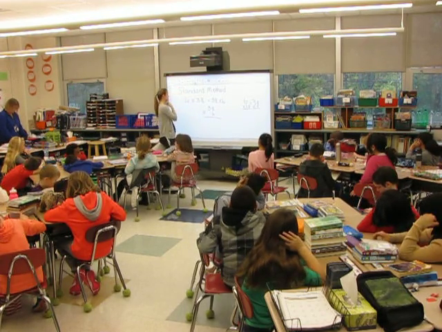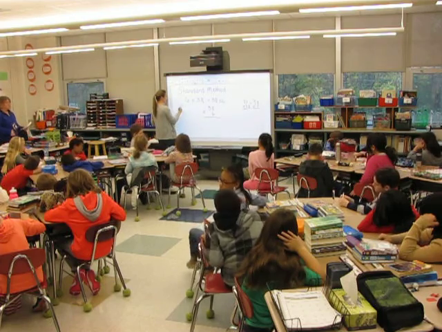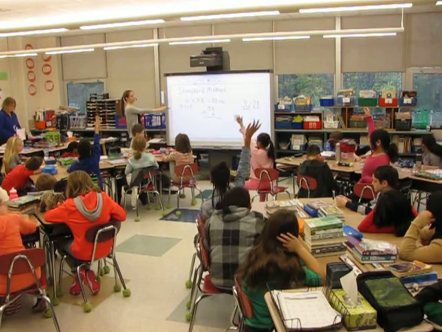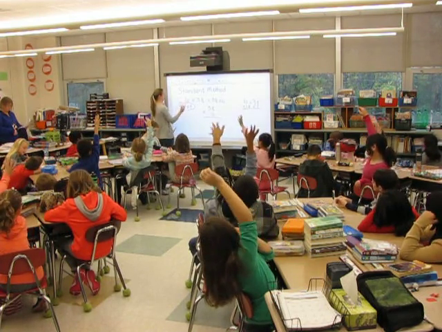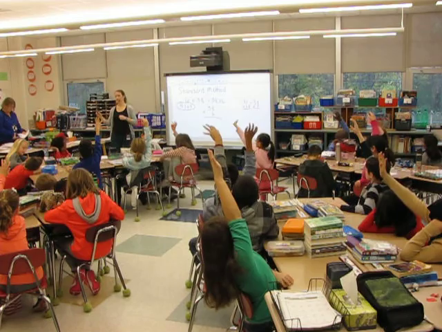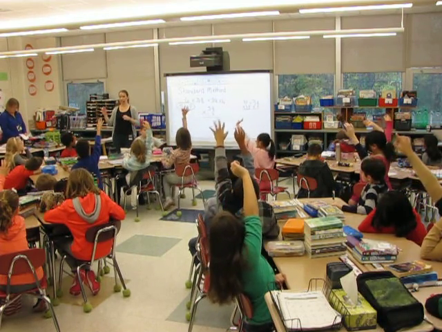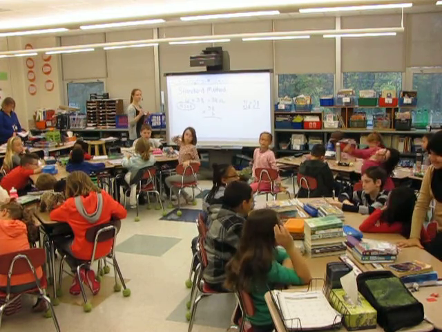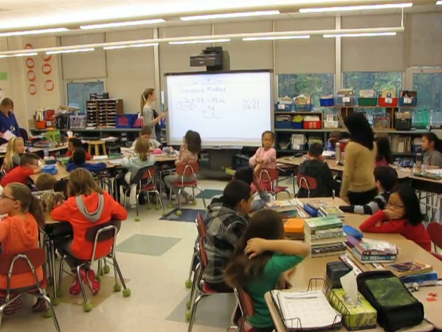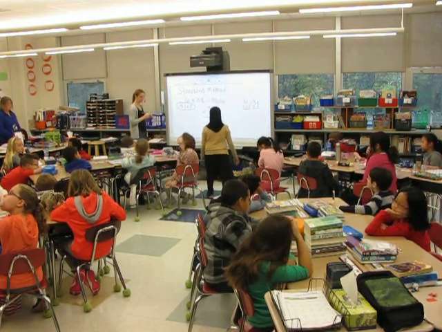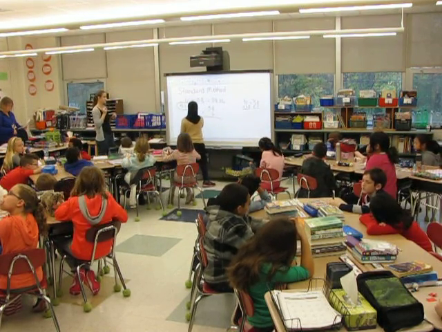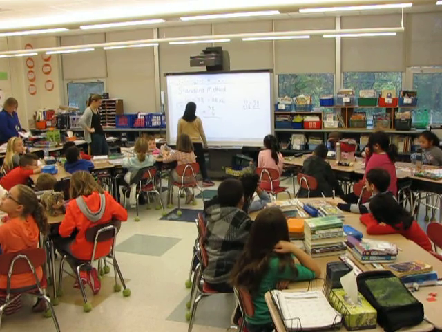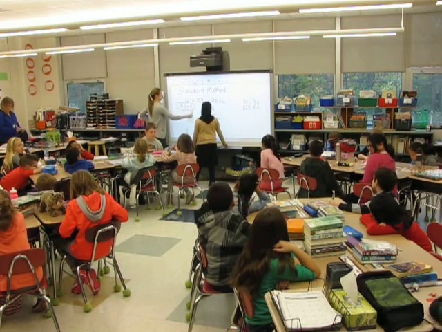So if I had, let's see, you can come up and write this, but in vertical form for me. Does that one look like what I wrote up here? Yes.